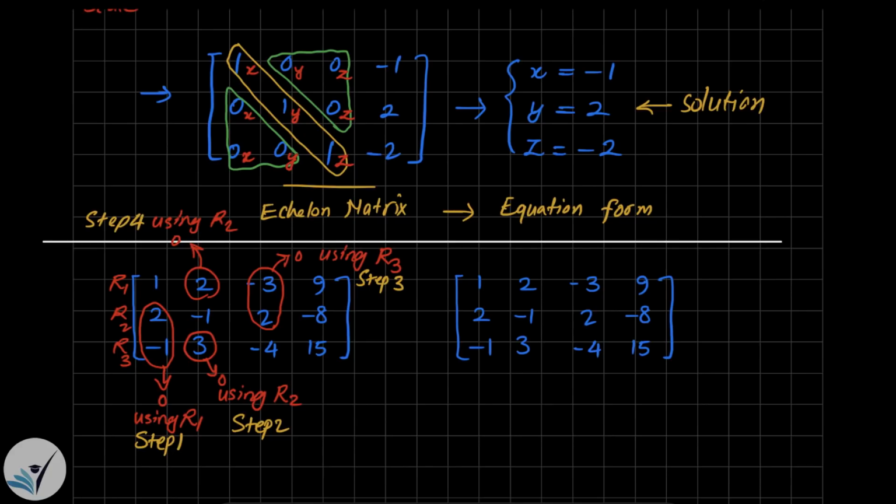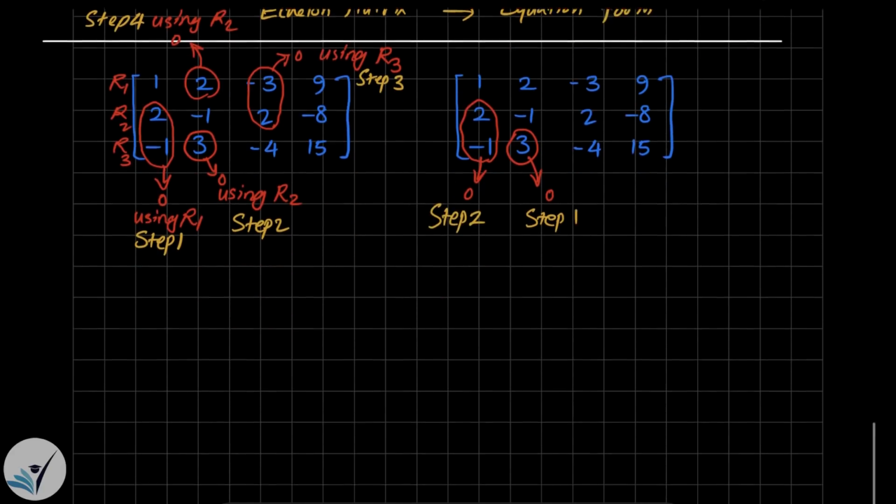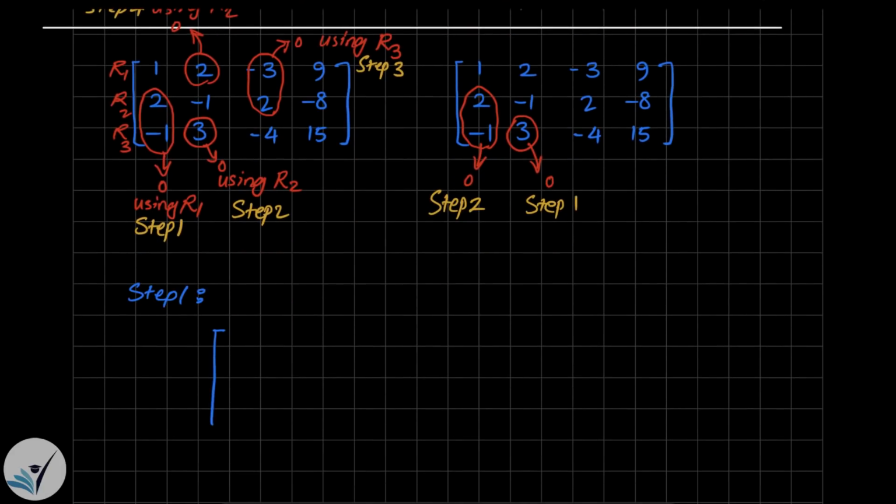Let's see what would happen if I start with this element here and transform it to 0 first. So if I do this one first and then move on to these two entries and transform them to 0. So I need to copy the matrix. I want to transform this entry to 0.